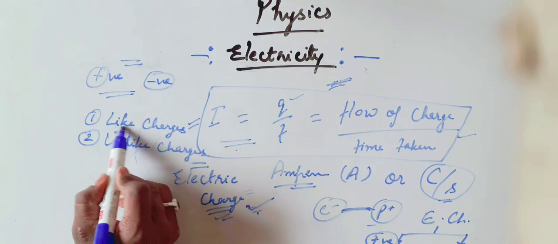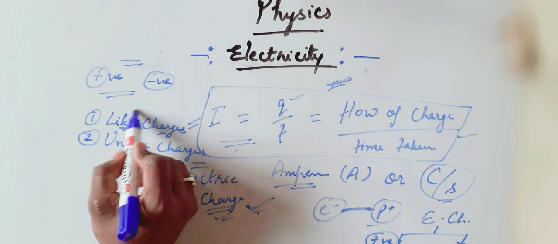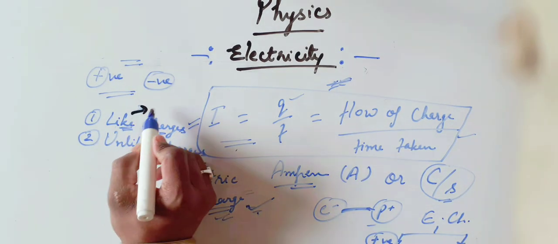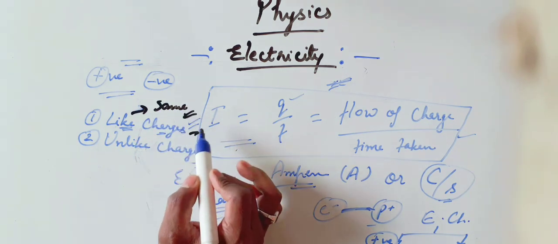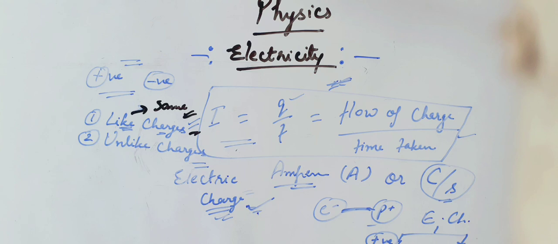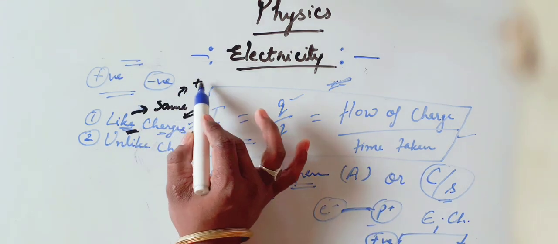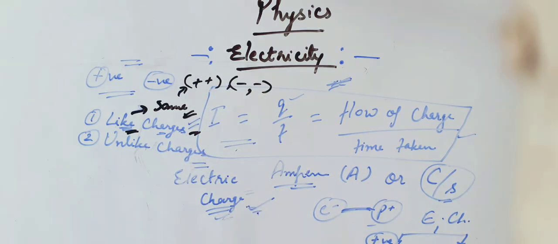So guys, what do you mean by like charge? Like means same. So same types of charges are known as like charges, same type meaning positive positive or negative negative.